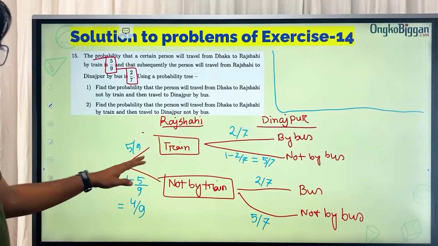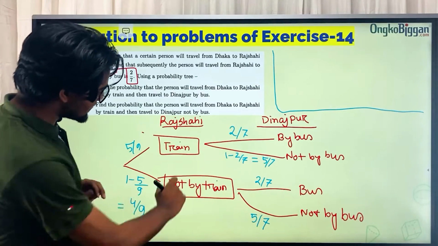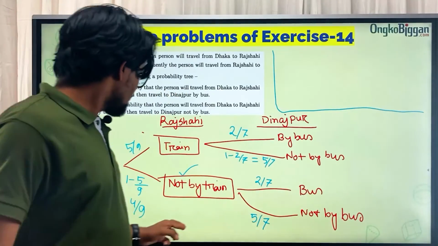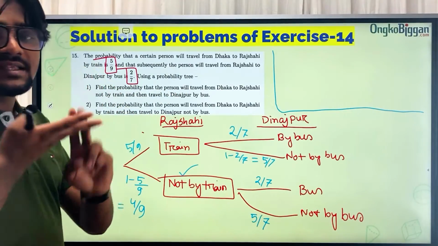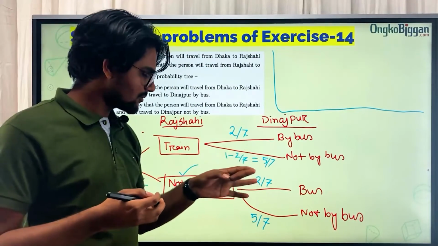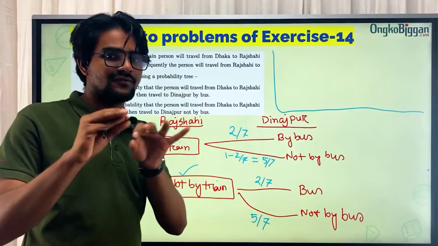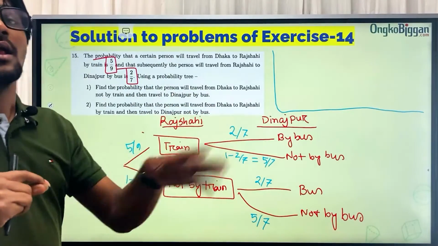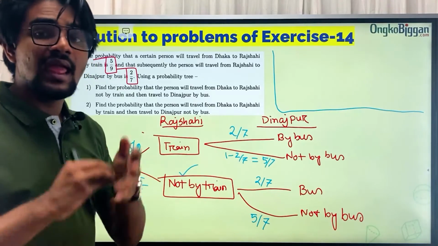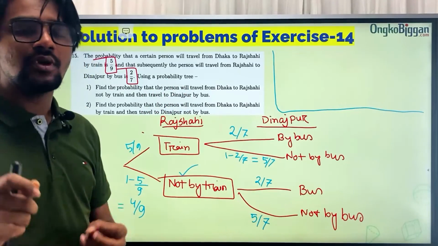So you're gonna work with first not by train, and then moving to Dinajpur by bus. Okay, sorry, let me rephrase the sentence so that you can understand what we are gonna do. So he can move to Rajshahi not by train, and then he can move to Dinajpur by bus.